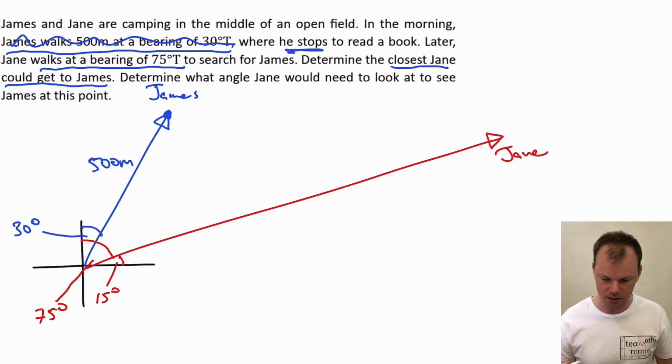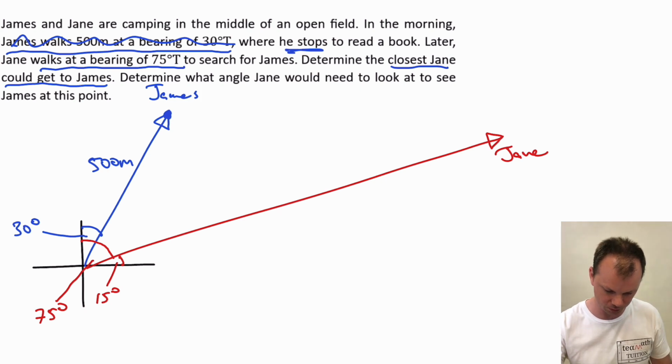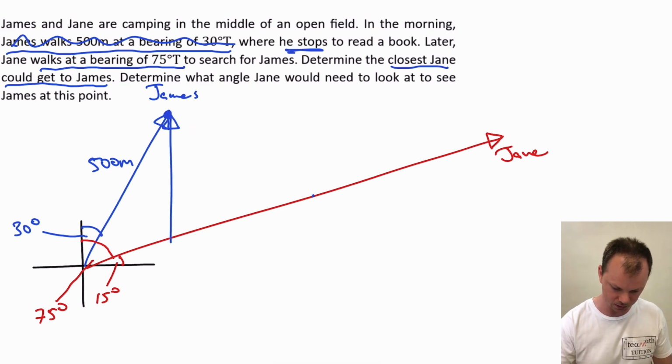Determine the closest Jane could get to James. So if we're visually looking at this, where is the closest point going to be? Well, we could have here to here. That's pretty long, so it's probably not that one. We could have here to here.